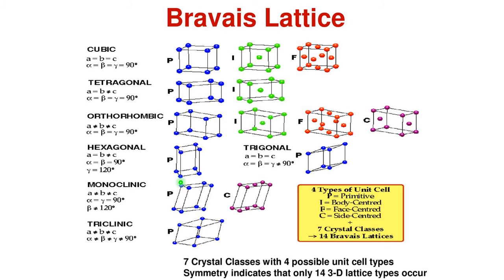Next case is hexagonal, and it's closely related to trigonal, where you have two distances A and B equal to each other, two angles being 90 degrees, and one is 120.